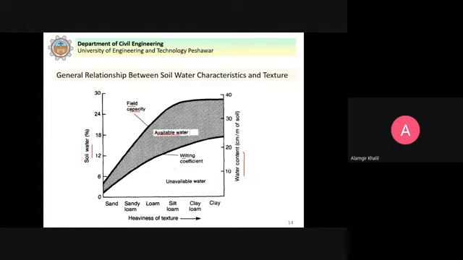So it can reach what is known as the wilting coefficient, that is the permanent wilting point. Below this point, the water is unavailable to the crops. So you can see that between the field capacity and the permanent wilting point, that is the water that is available to the crops.